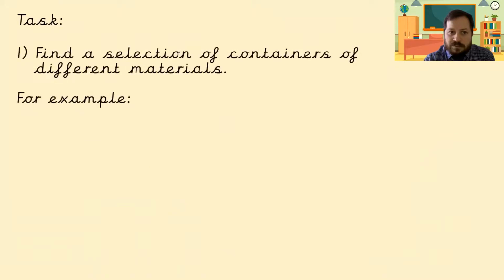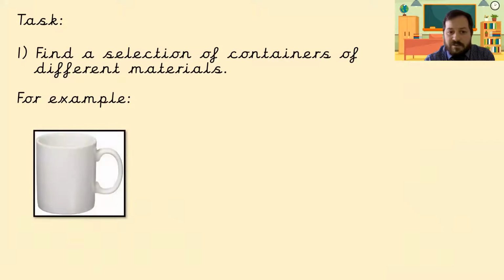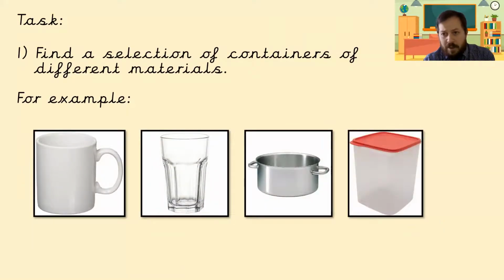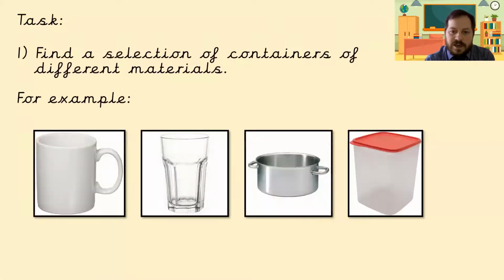Now, your task: find a selection of containers of different materials. So you might have a mug, a glass, a pan, and a plastic Tupperware or something similar. If some of them have lids and some of them don't, can you make sure none of them have lids? What you don't want to do is have some open and some closed.